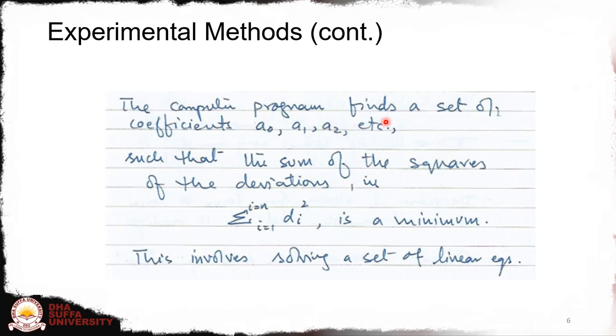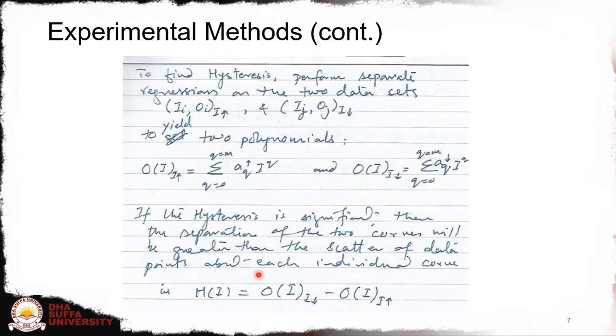So the computer program will find a set of coefficients a0, a1, a2, etc., such that the sum of the squares of the deviations, this error di squared, for all the data points from I1 to In is minimized. This basically involves solving a set of linear equations, which is from linear algebra.